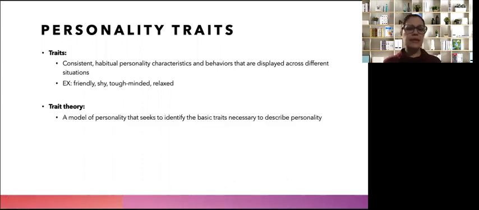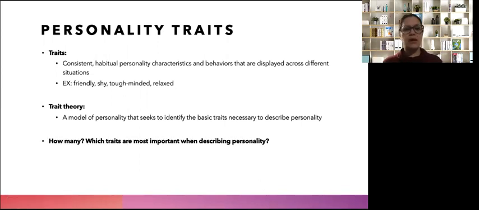So, trait theory seeks to identify those basic traits that are needed to describe any given personality. So, for someone with a quote unquote shy personality, which basic traits are present? Theories on personality traits aim to identify how many traits are necessary to result in someone being one personality over another, and also deciding which traits are most important to any given personality.